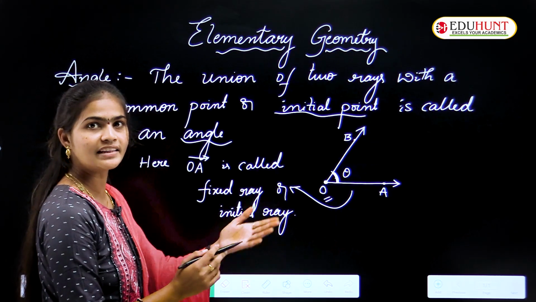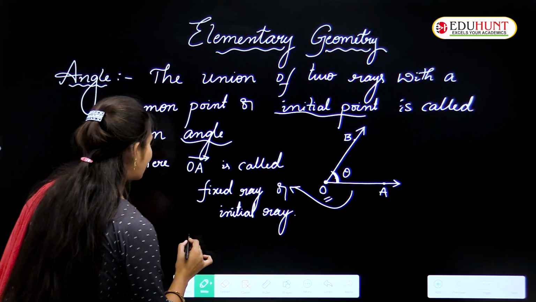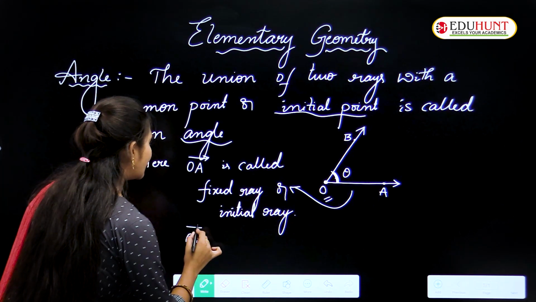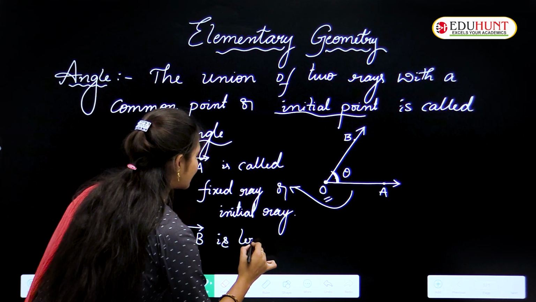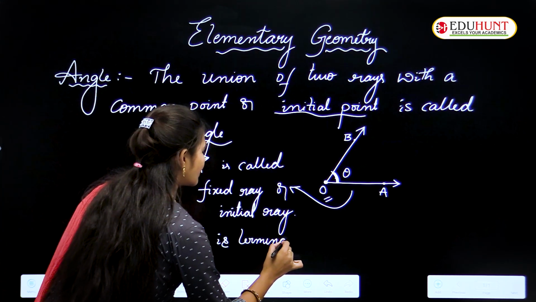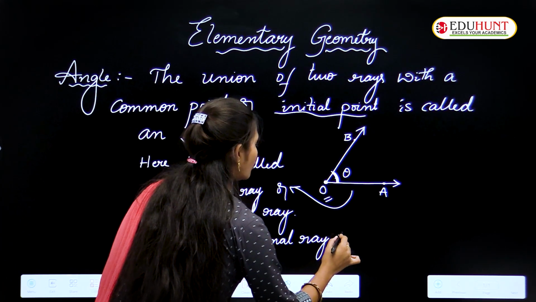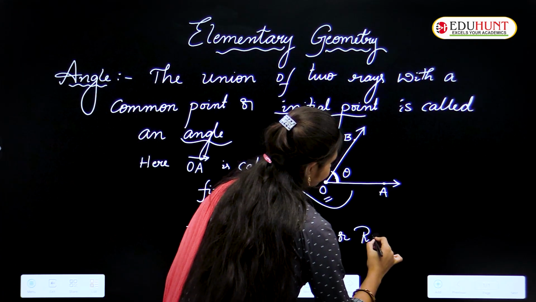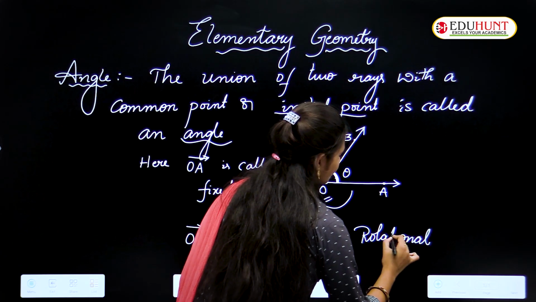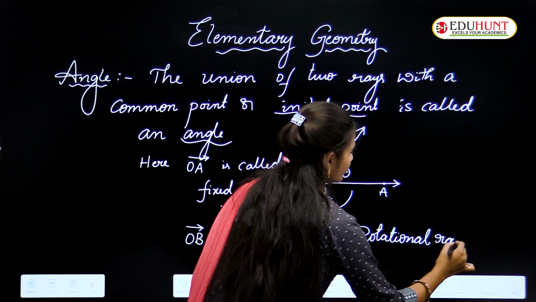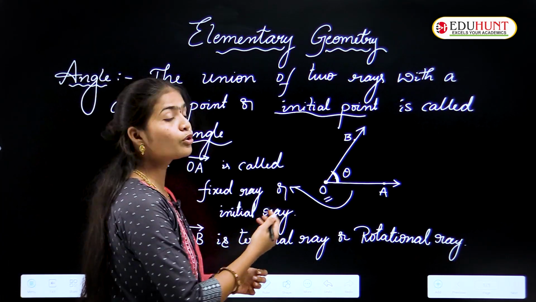That's why we call it the fixed ray or initial ray. Next, the other ray, OB, we call the terminal ray or rotational ray. Here OB is known as a terminal ray or a rotational ray.